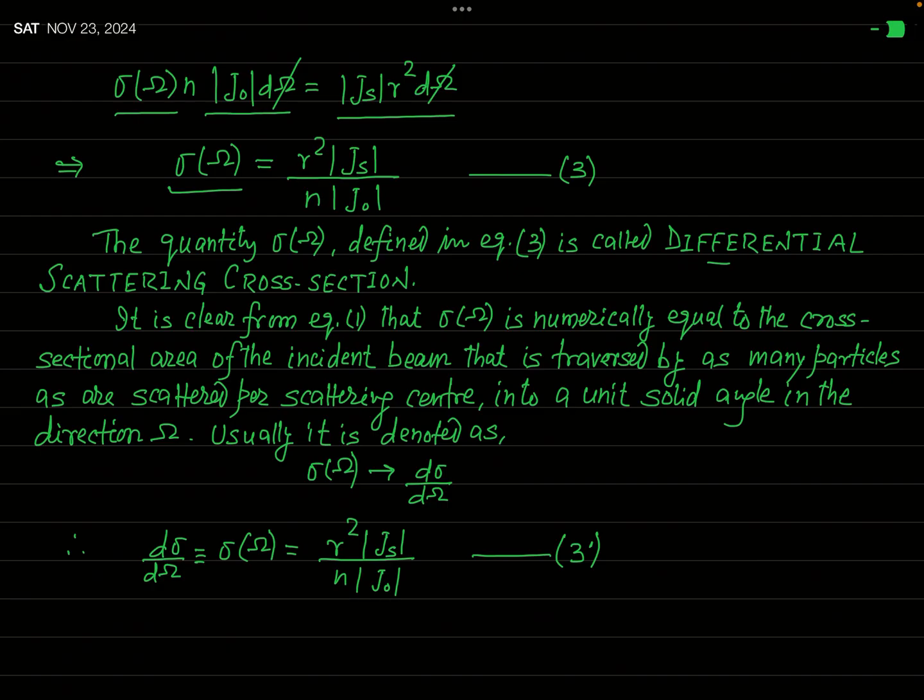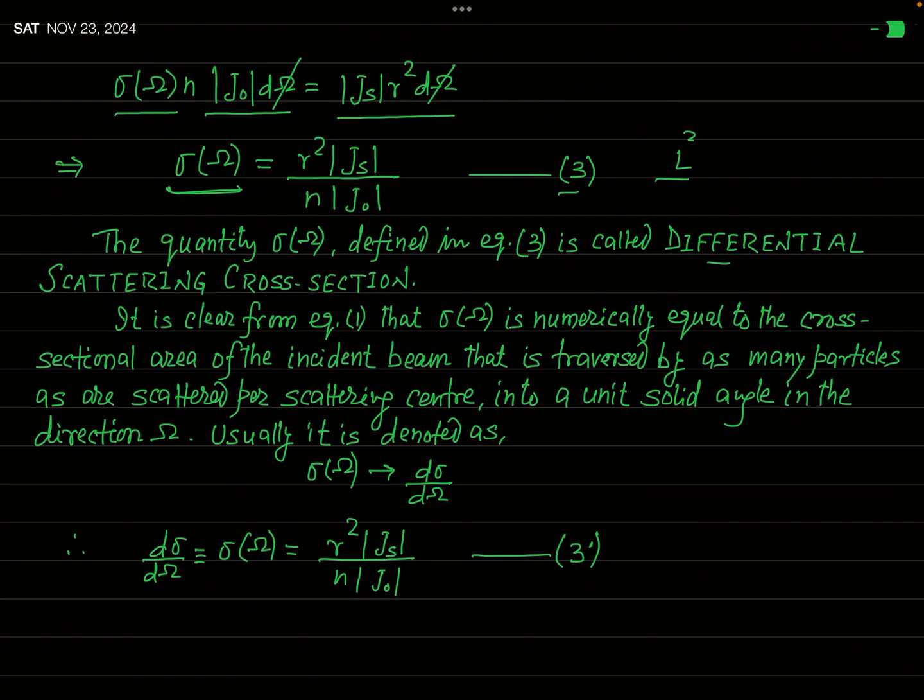And it is also obvious from here, if I were to ask you what the dimension of this sigma of omega is on the basis of this equation 3, you can easily say. The dimension of r square will be L square.